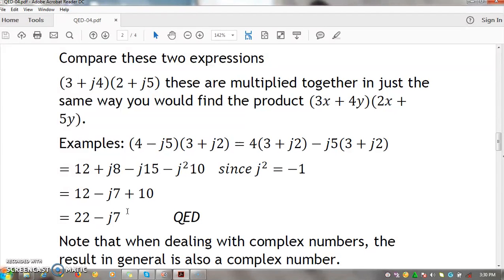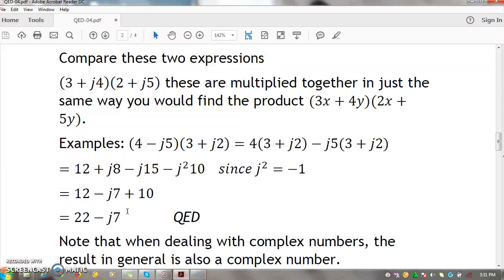And from what we discussed in the past, especially in QAD 03, j squared is equal to minus 1. So we put that knowledge here. This j squared will become minus 1. Minus times 1 will give us plus.